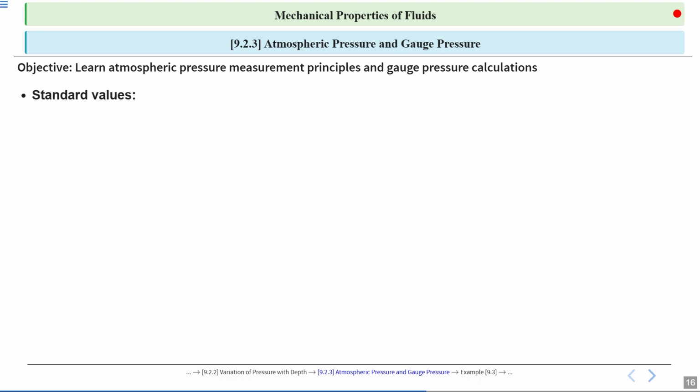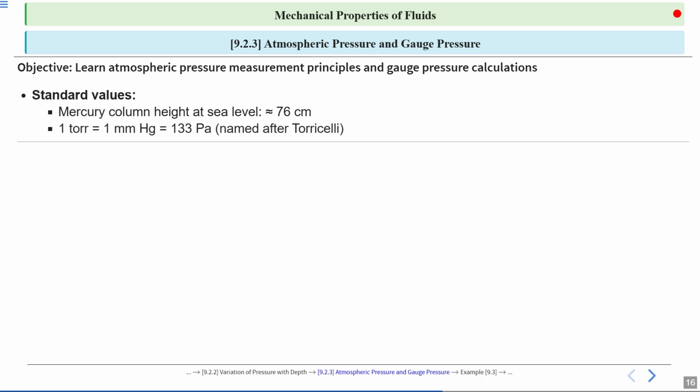So the first standard value: the height of a mercury column at sea level is approximately 76 centimeters. Alright, mercury column height at sea level, 76 centimeters. And 1 torr is equal to 1 mmHg, which is equal to 133 pascals. Alright, so this is the relationship between torr, mercury and pascal.